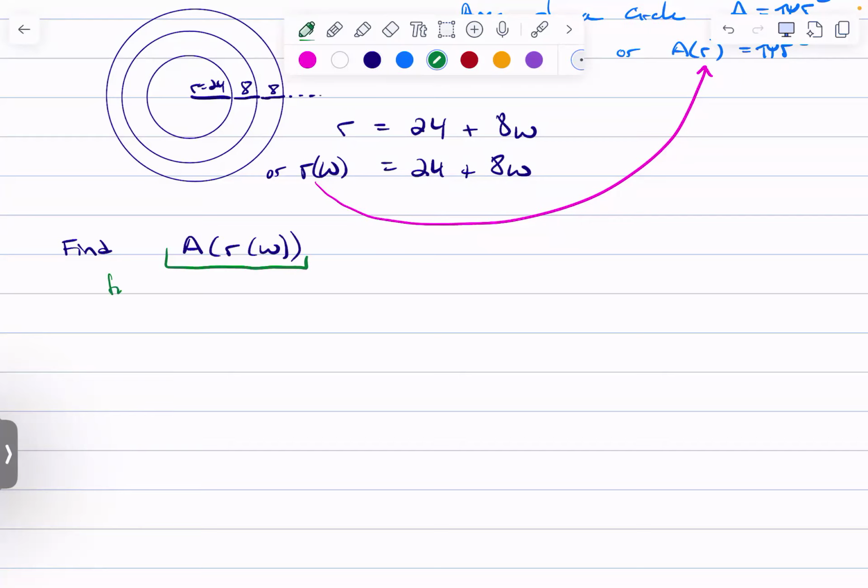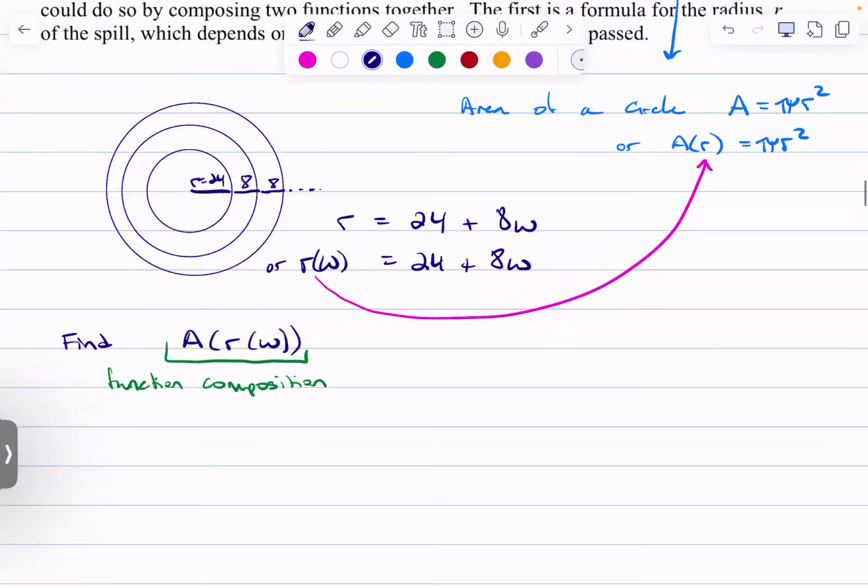So here, this is a function composition. You don't need to call it that, but we have worked with those, like f of g of x. That's why we had to practice stuffing functions into another function. So what did we do when we had to build a function composition?